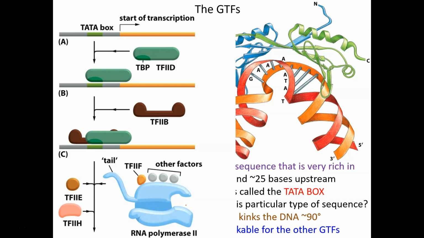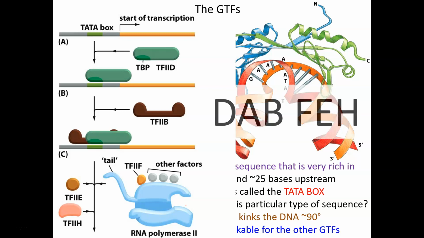So the very next GTF that binds after D is TF2A, and then TF2B comes in. After TF2B, TF2F comes in, and it escorts the RNA polymerase II itself. That's F's job, to bring in RNA polymerase II. And then E, and then finally H. So we use the acronym DABFEH to represent this order of GTF recruitment to eukaryotic genes.